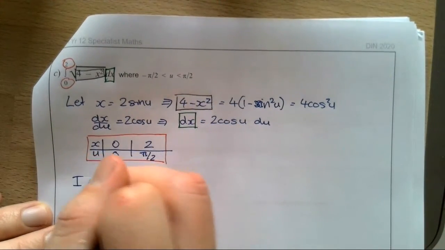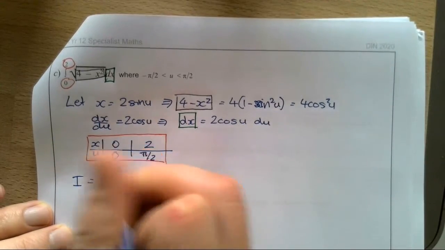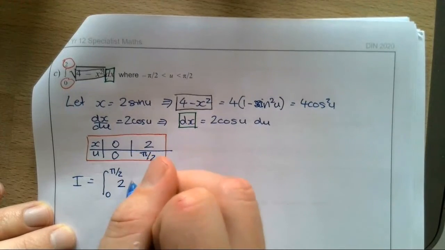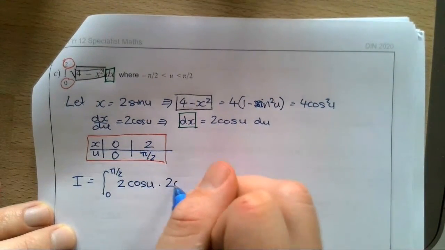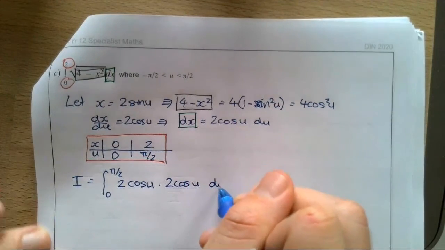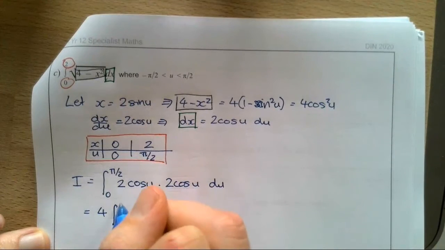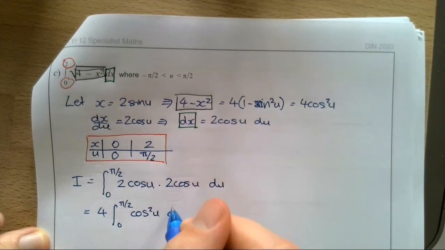So our integral is now going to be the integral between 0 and pi over 2 of the square root of 4 cos squared u, so that's just 2 cos u, times by 2 cos u du. So in other words, that's 4 times the integral from 0 to pi over 2 of cos squared u du.